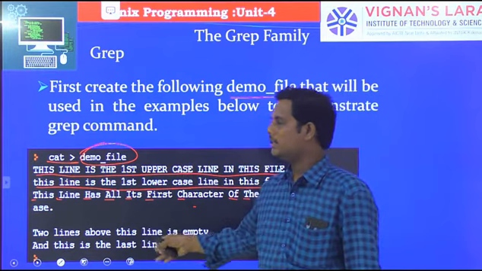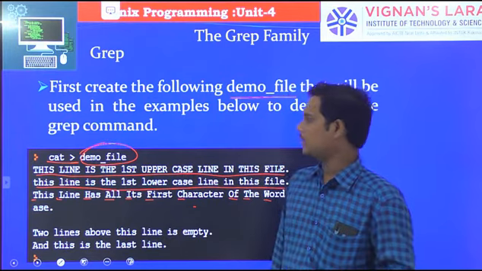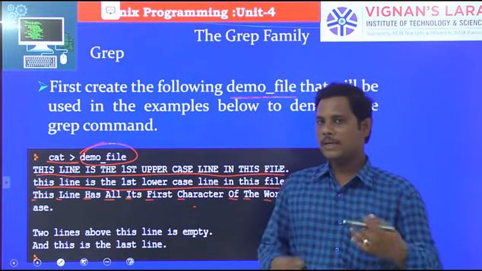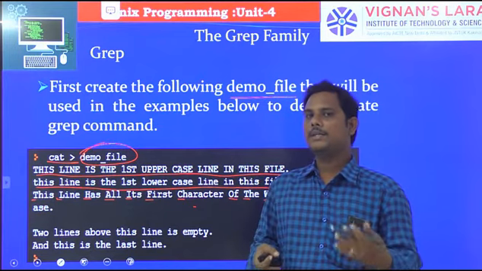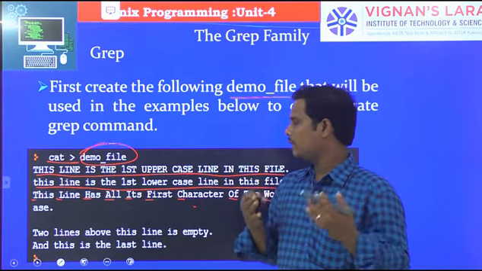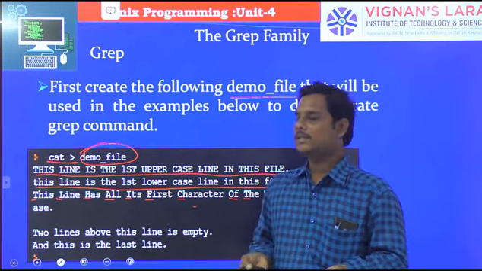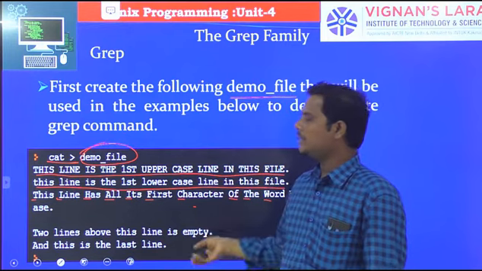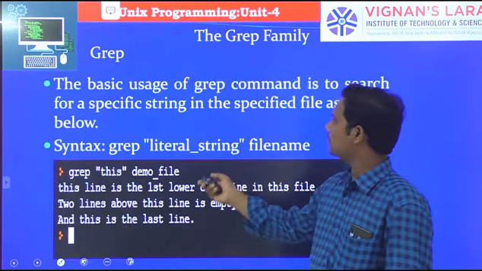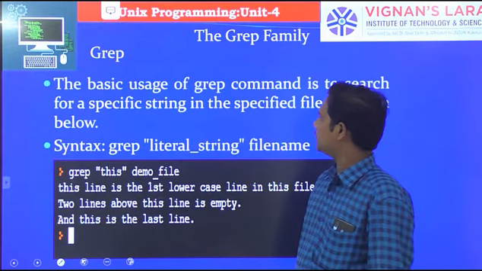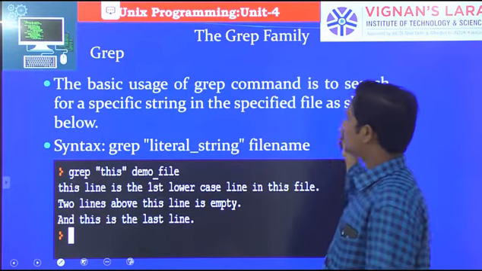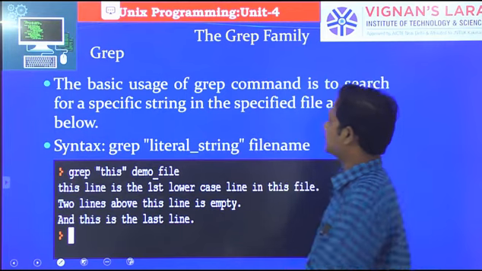This file contains these lines. Suppose you want to search for something, either an uppercase or a lowercase letter, how is it displayed? If I only want to display lowercase letters, how is it displayed? All these things we can see. First, the basic usage of the grep command is to search for a specific string.